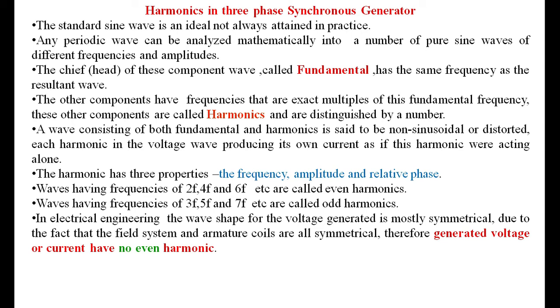Some reasons are the non-uniformity of the field system, the conductors, and the non-uniformity of the air gap. Because of this, the waveform generated in the synchronous generator is not sinusoidal. However, it is a periodic waveform.